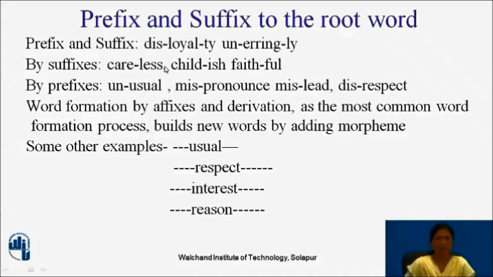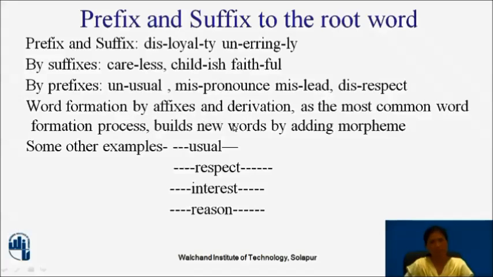So we add them to loyal: disloyalty. Unearringly, adding un and ly. By suffixes we add less, careless, childish, faithful. By prefixes: unusual, mispronounced, mislead, misleading. Adding ing also: disrespect, disrespectedness.